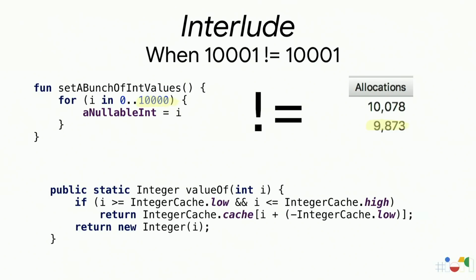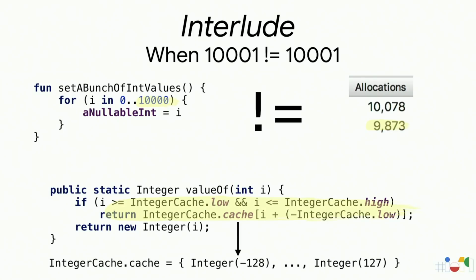When the runtime starts up, it knows that most applications are going to need some integer values, and so it caches values from negative 128 up to 127, puts them in a cache, and now when anybody asks for a value for one of those, it's just going to return that. It's already been created as an Integer. It's not being boxed and allocated on the fly, which means the only values that are going to be allocated are outside of that region, which turns out 10,001 minus 128 is going to be 9,873.